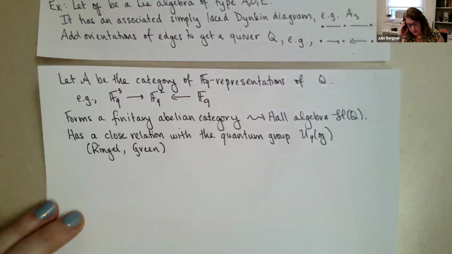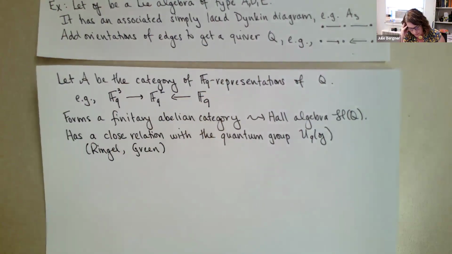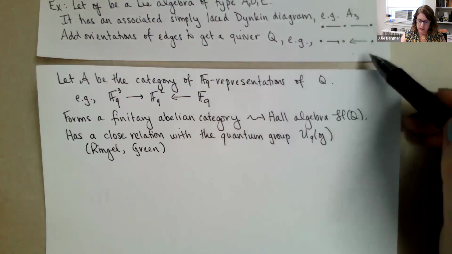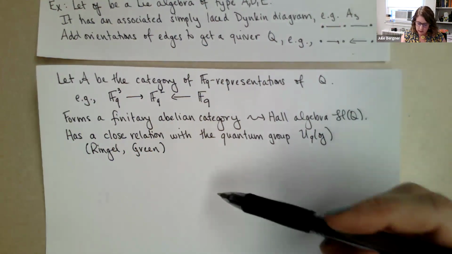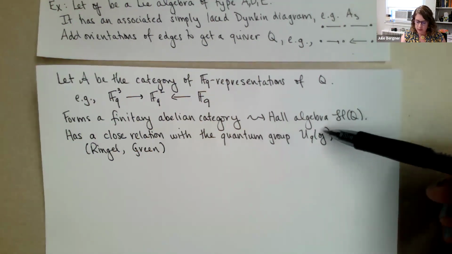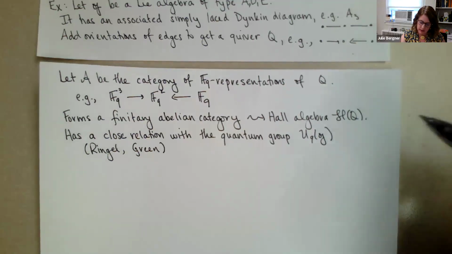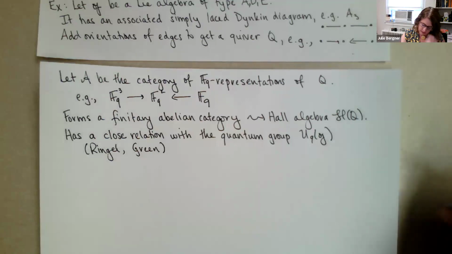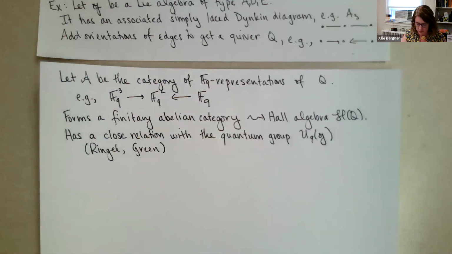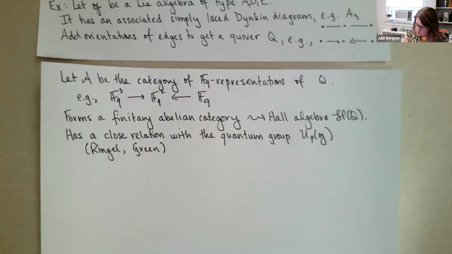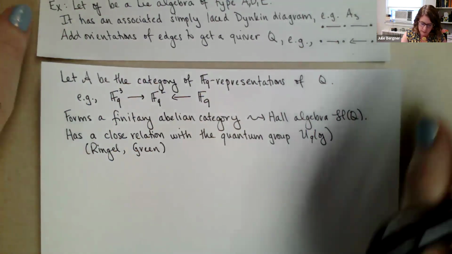Roughly speaking, modulo what's happening with choices, it looks like half the quantum group. The quantum group has this decomposition into upper, lower, and middle pieces, and it looks like one of those pieces. And so people got very excited because people like quantum groups. So that was why this became of interest.